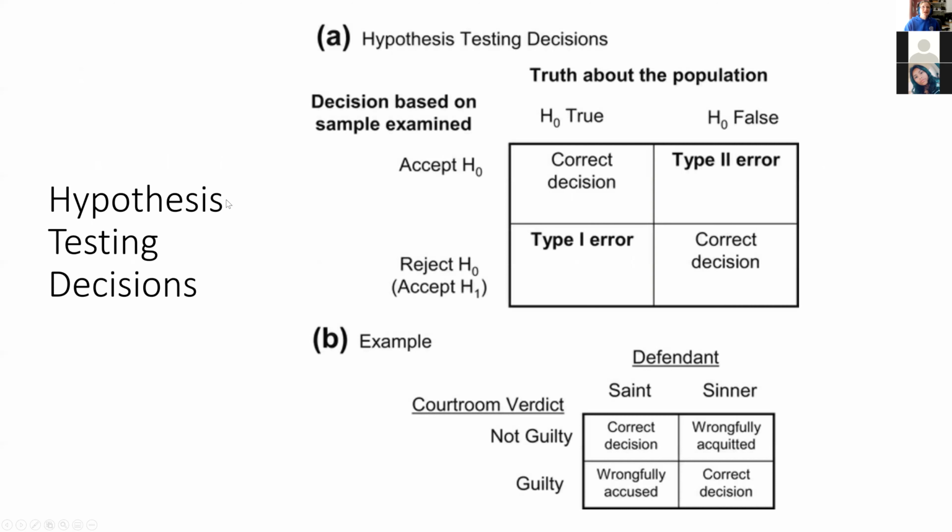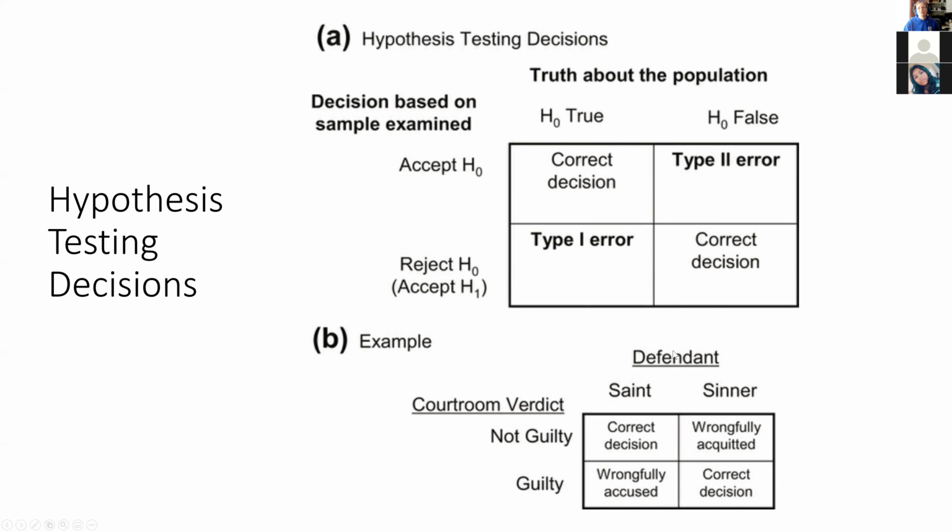So when you're doing hypothesis testing, right, you can have error. And so I just said 5% of the time you're going to make errors based on this probability or p-value. And so either you can have a type 1 error or a type 2 error. In the type 1 error, you're going to reject the null hypothesis when it's in fact true, right?